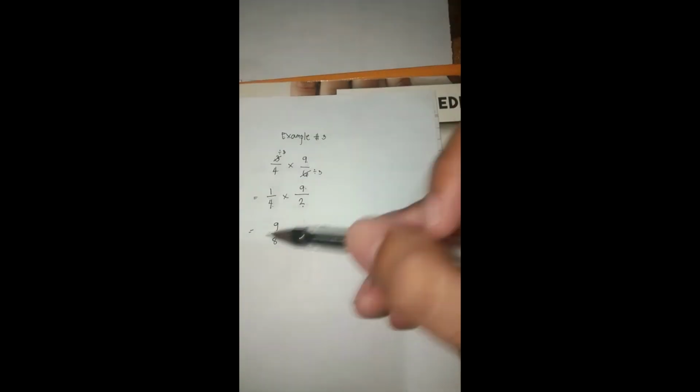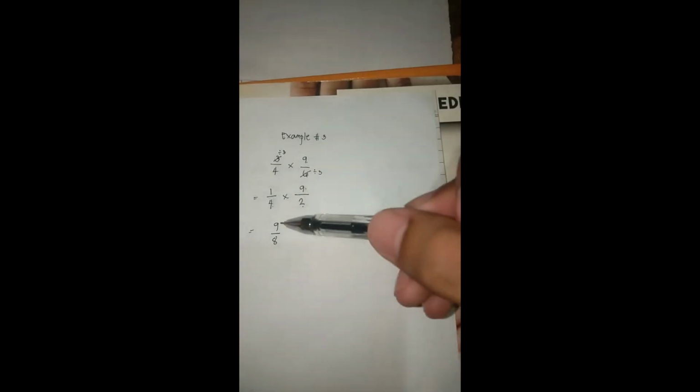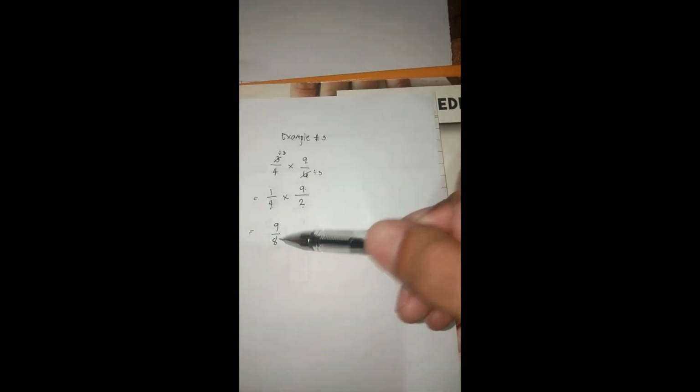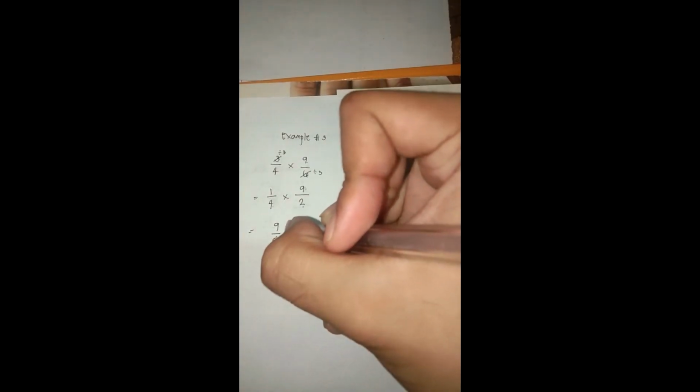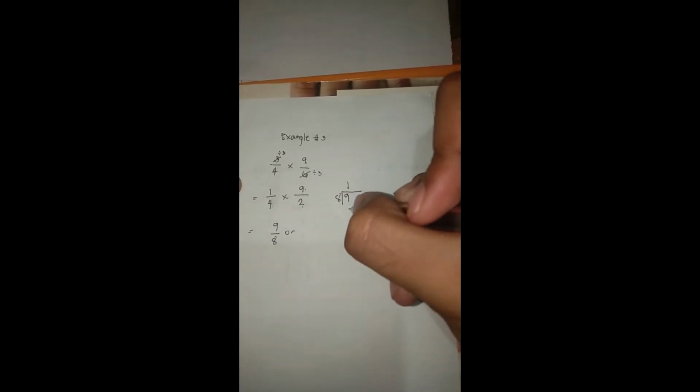So meron tayong partial product, which is, kung mapapansin nyo, this is an improper fraction since the numerator is greater than denominator. So ang rules natin is reduce the fraction into lowest term. So i-reduce natin siya. So i-divide lang natin. So 9 divide by 8. So 9 divide 8, we have here 1. So 8 times 1, we have here 8.